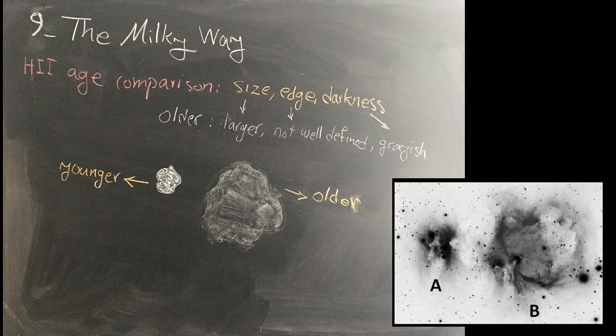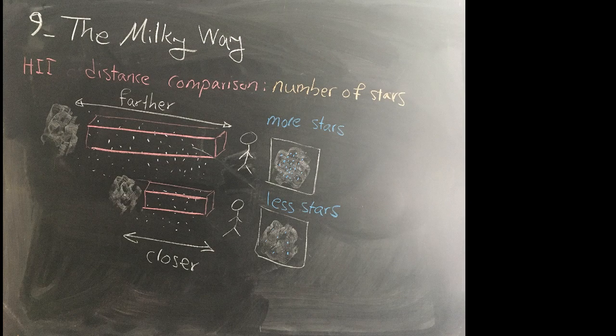Their edge is not well defined. They are not as dark as young ones. So for example, if you compare A and B, in this case, B is larger, it doesn't have very well defined edges, and it's grayish compared to A. So B is much older than A in this case.